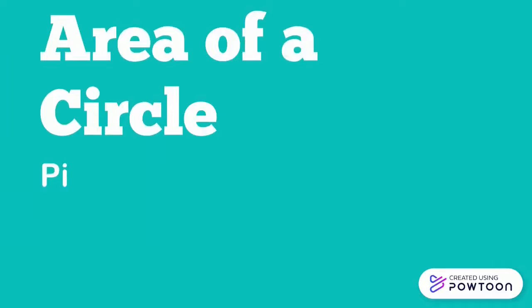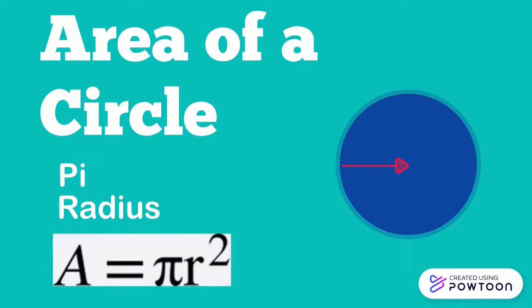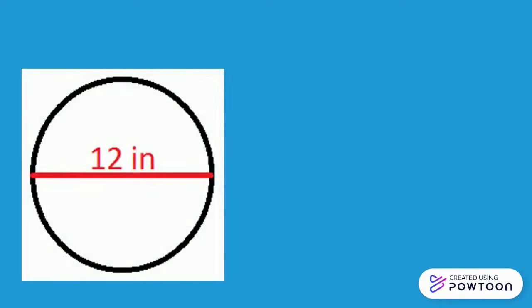Now, to find the area of a circle, we need to know pi and the radius of the circle. And we can use the formula area equals pi times r squared. So, let's do this example for finding the area together. I have this distance given to me, which is the diameter, equal to 12 inches.